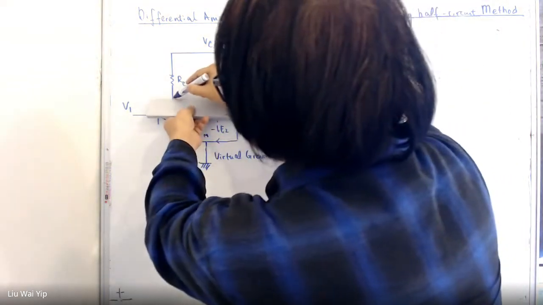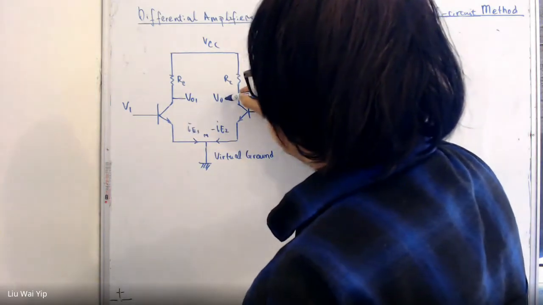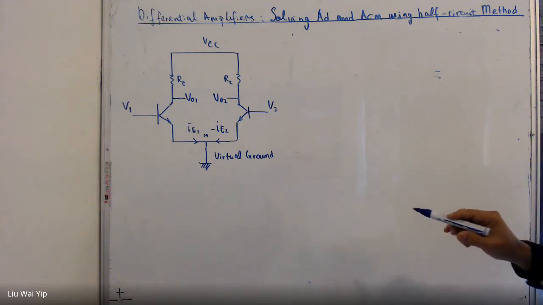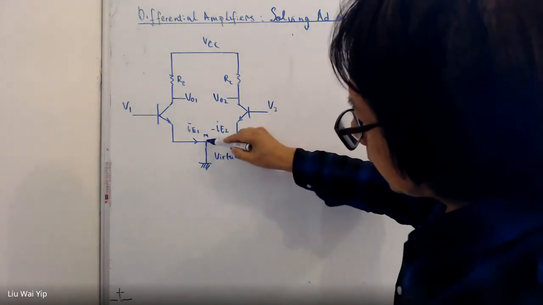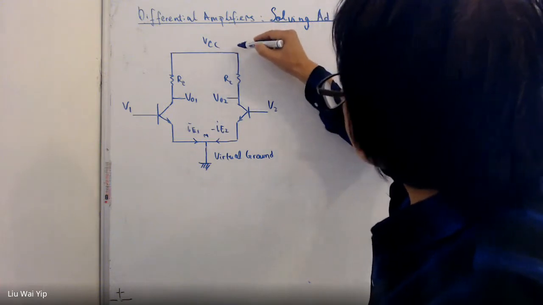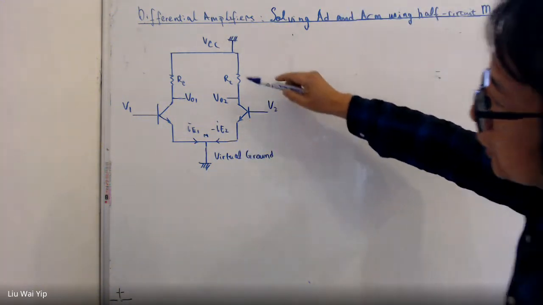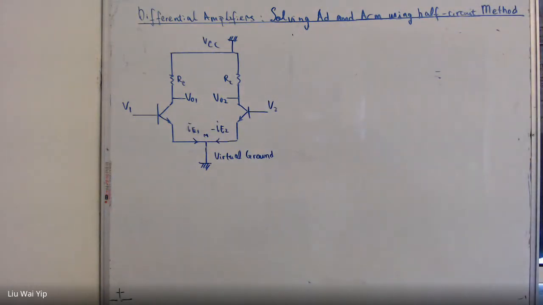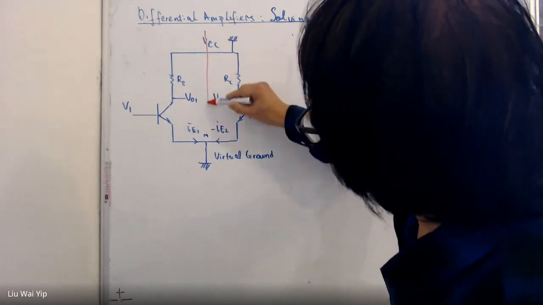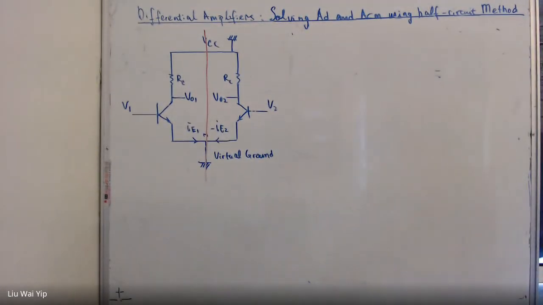First, we take the outputs, VO1 and VO2. Because you can treat this point as a virtual ground, and this ground is not very much different from the AC ground here, eventually we can just individually solve half of the circuit, and then from there, we work out the voltage gain.